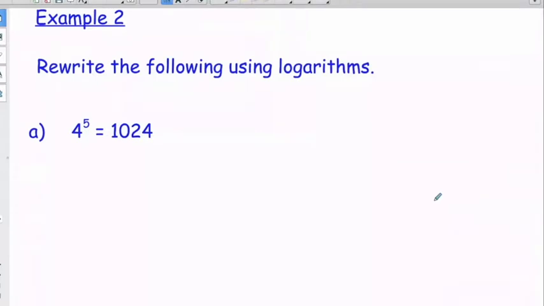We want to rewrite that using logs, okay? At this point in time, I'm not expecting you to be able to just write that down straight away. What I would expect us to need to do is rewrite those little rules that have been helping us. That if y is equal to b to the power of x, then x is equal to log to the base b of y.